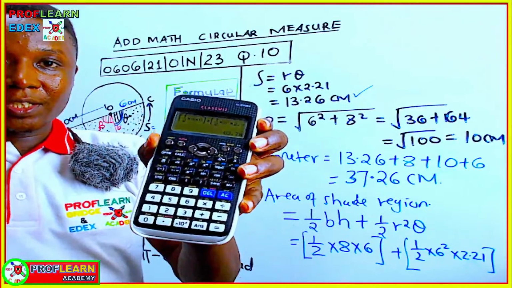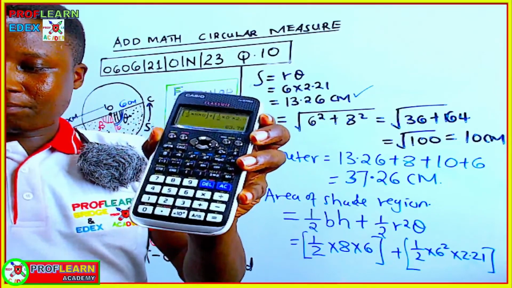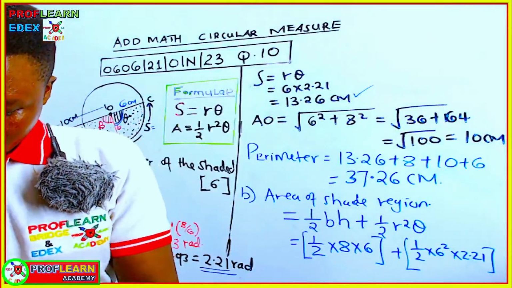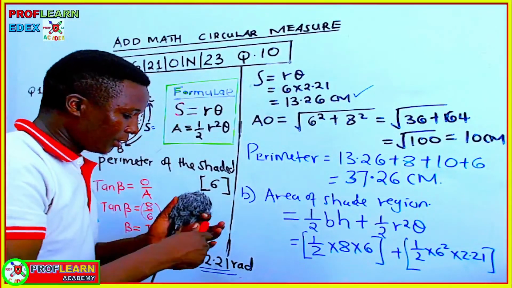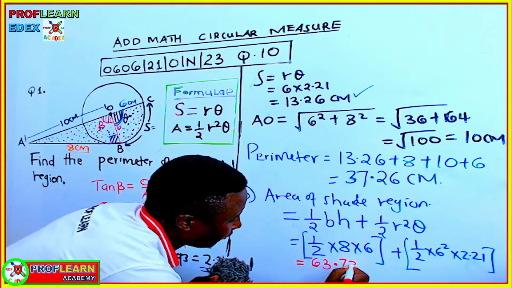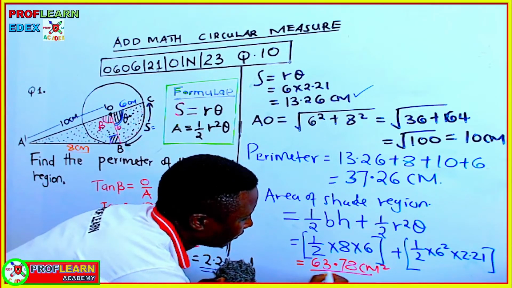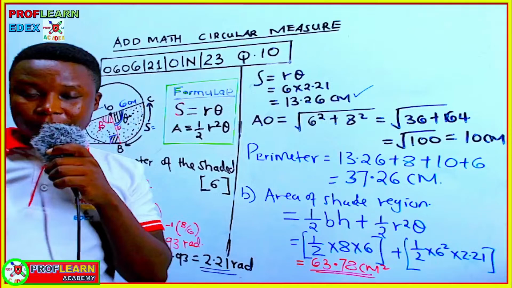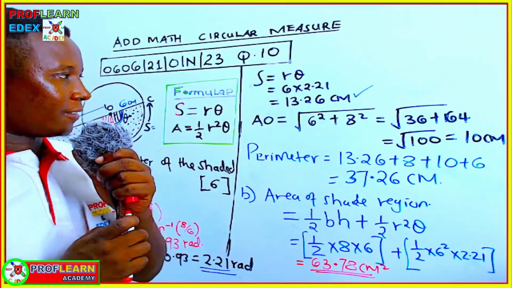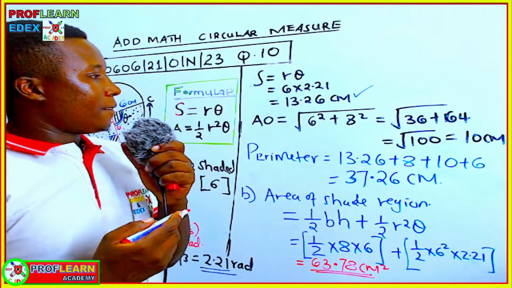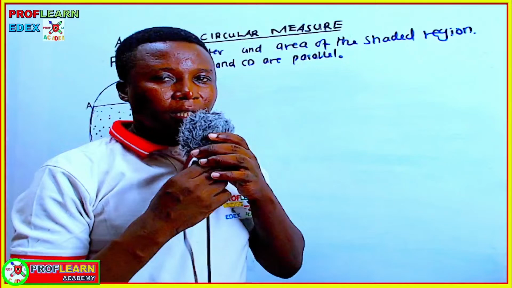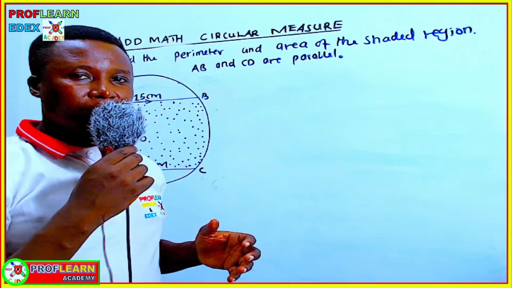My answer is actually 63.78, so the answer here is 63.78 centimeters squared. That's what you're supposed to do to work out questions like this, the perimeter and the area of the shaded region.